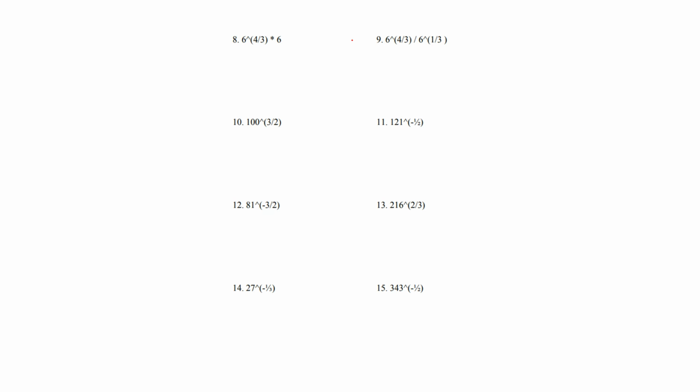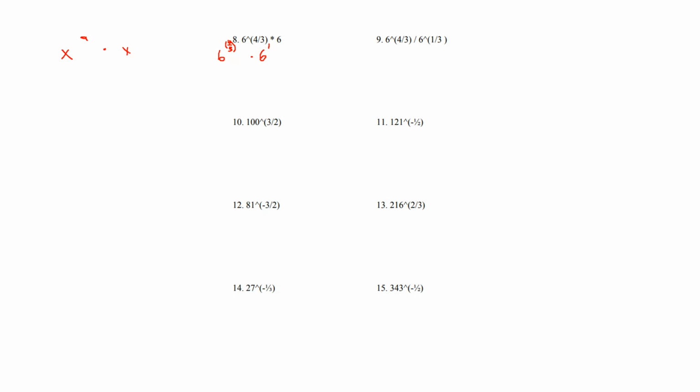Okay, so for number 8 here, this is 6 to the power of 4 over 3 times 6. And 6 is also just 6 to the power of 1. So you could also write it out like that. And to make this a little bit simpler, you could just add the exponents.